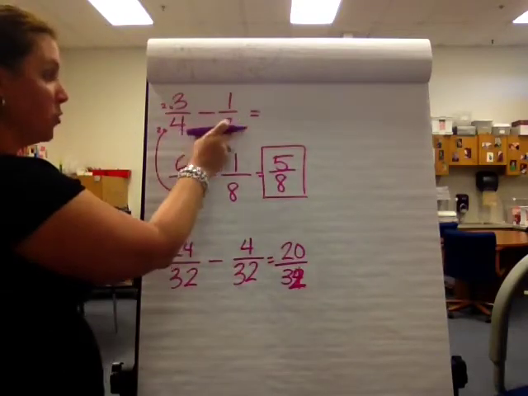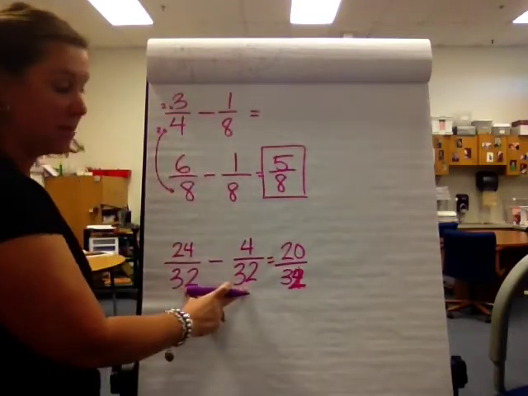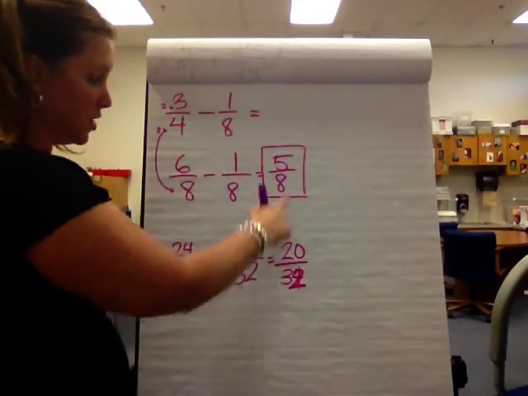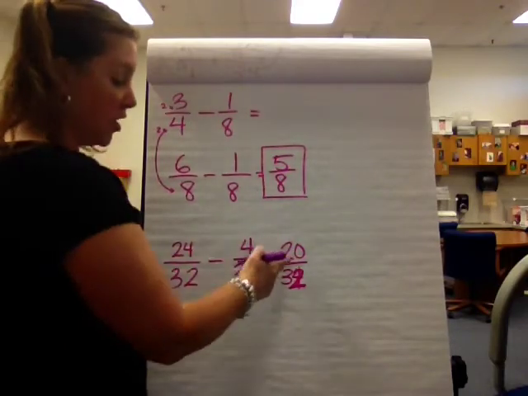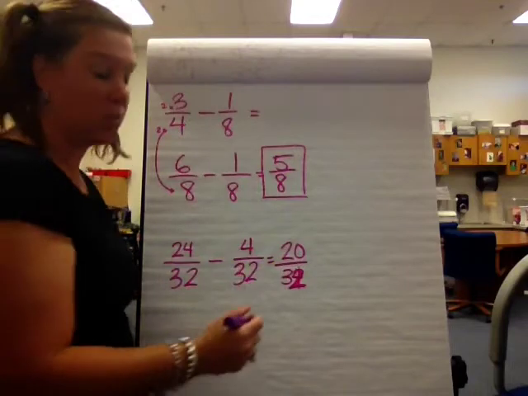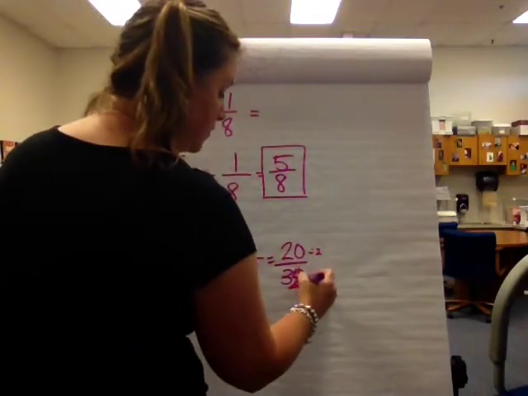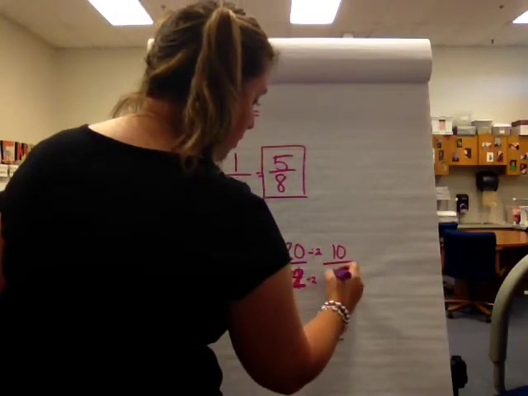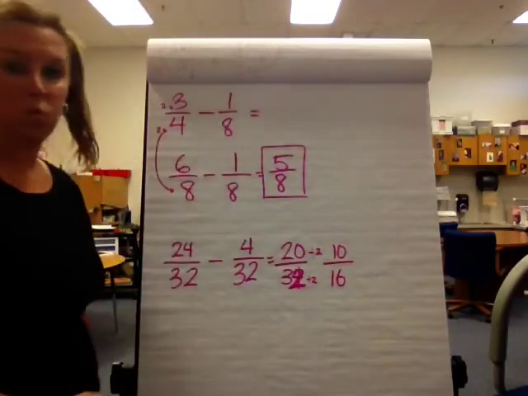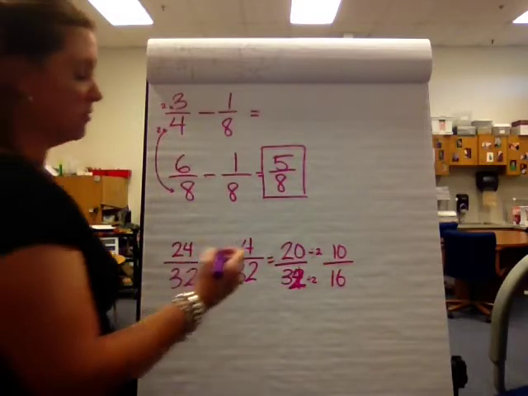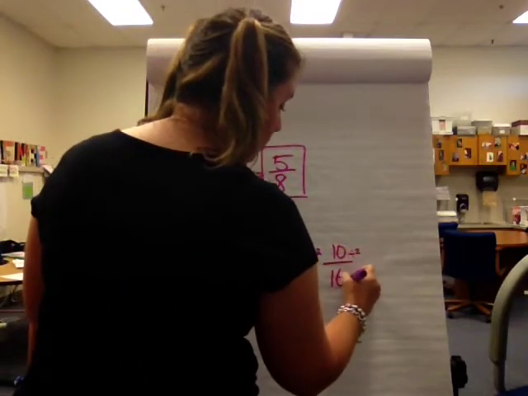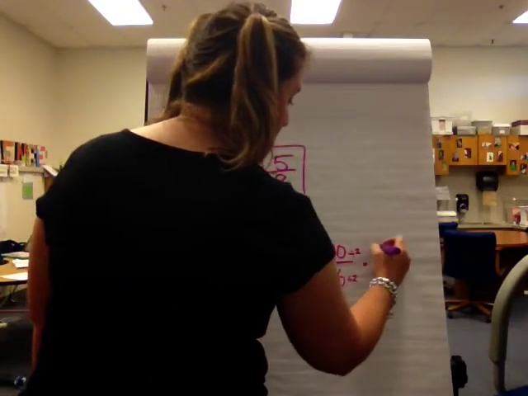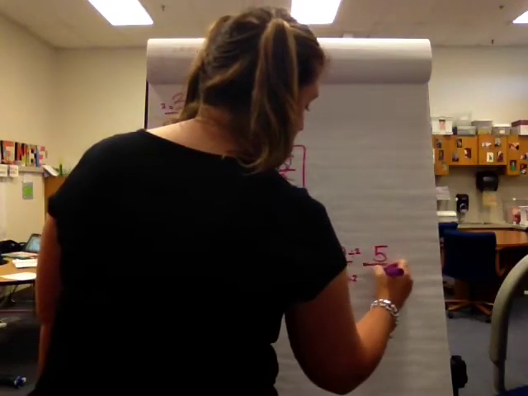Now, again, could you have multiplied your denominators? Absolutely. But look at the difference of my fractions. First of all, I know this can be simplified because they're both even. So that's 10 over 16. Those are both still even, so they still could be divided by 2. 10 divided by 2 is 5. 16 divided by 2 is 8.